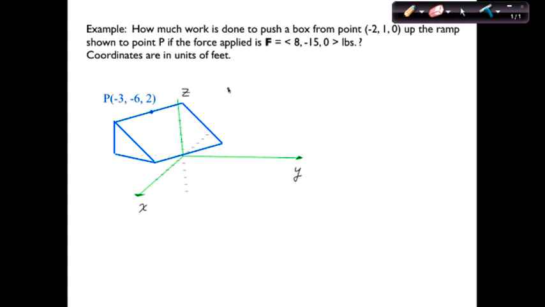Okay, so example: how much work is done to push a box from point (-2, 1, 0) up the ramp to the point P shown, if the force applied while doing that is (8, -15, 0) pounds? So where is (-2, 1, 0)? It's maybe somewhere over here.